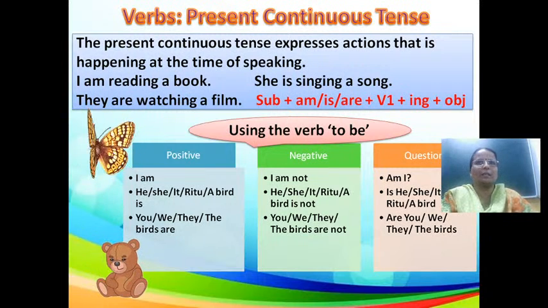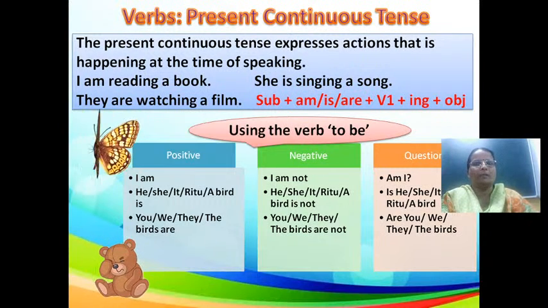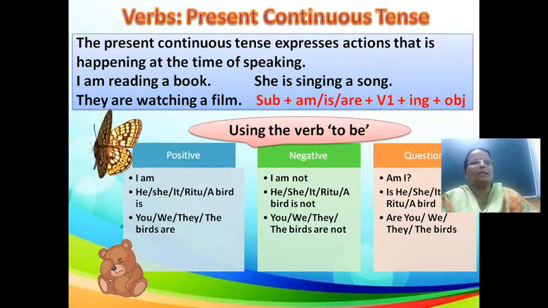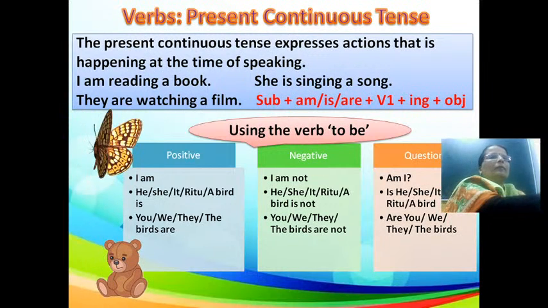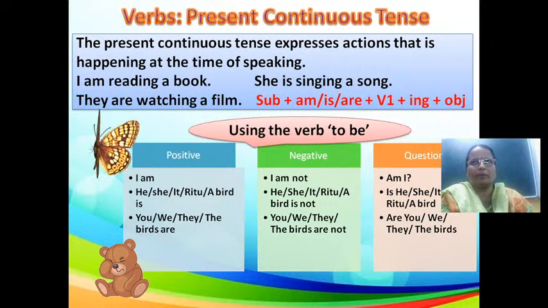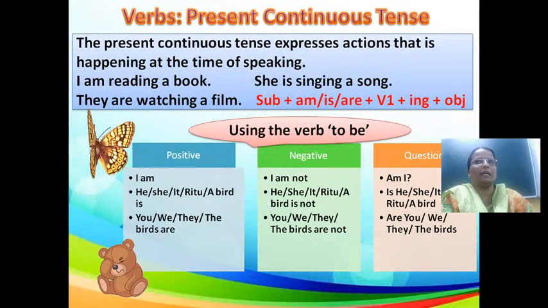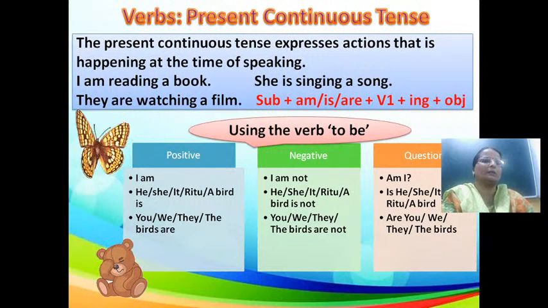Then after the subject, according to the subject, you should choose am, is or are, whatever it may be. Okay. After that, you should write the base form of the verb with ing. Means you can remember easily, the ing form of the verb. You should write the ing form of the verb, then object, over. Simple. Subject plus is, am, are, plus ing form of the verb plus object.